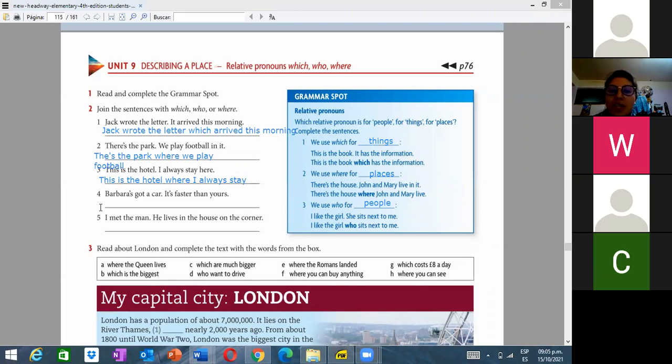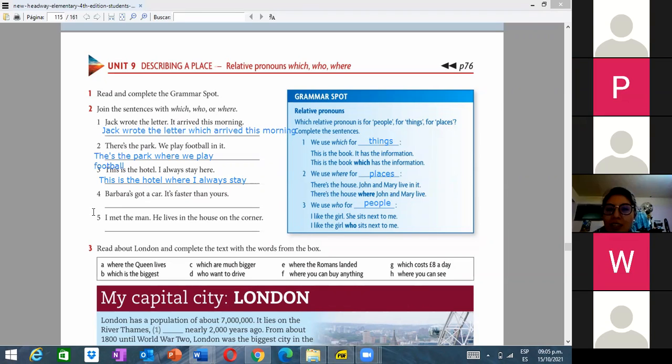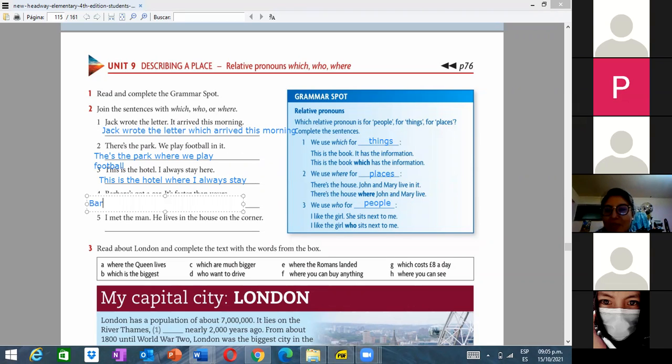Barbara's got a car. It's faster than yours. Okay, please volunteers again. Barbara's got a car who faster than yours. Okay, near, but no, we have a mistake there. Barbara's got a car which is faster than yours.